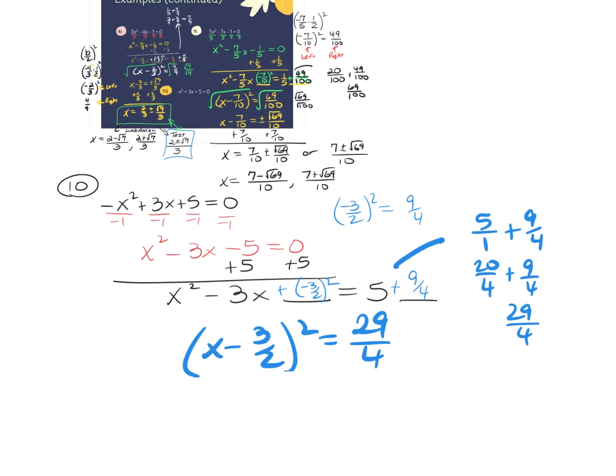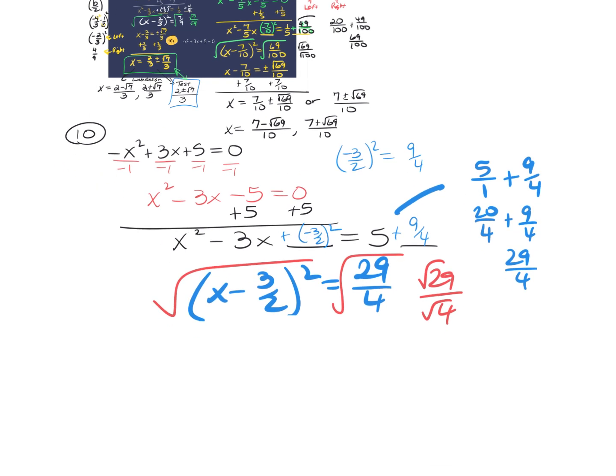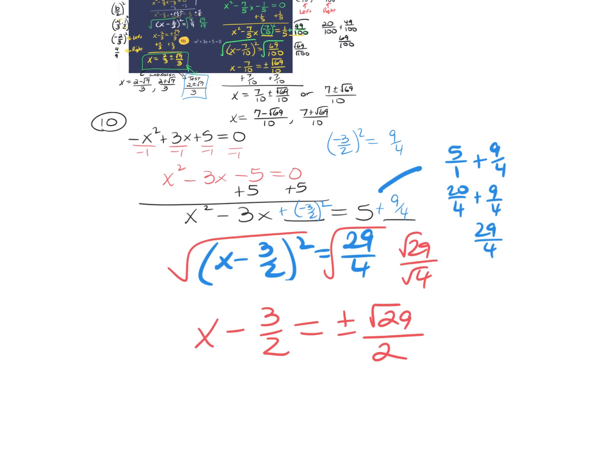And now square root both sides. Again, think of it as the 29 and the 4 having its own little radical. So this gives me x minus 3 over 2 equals plus or minus the square root of 29, and then the square root of 4 is 2, and then add the 3 over 2.